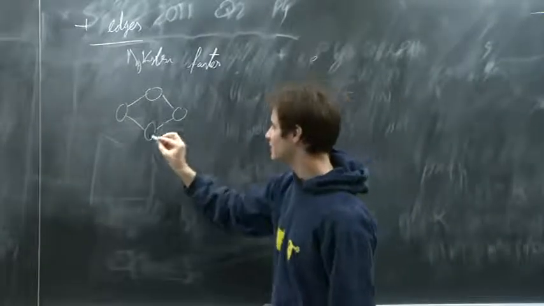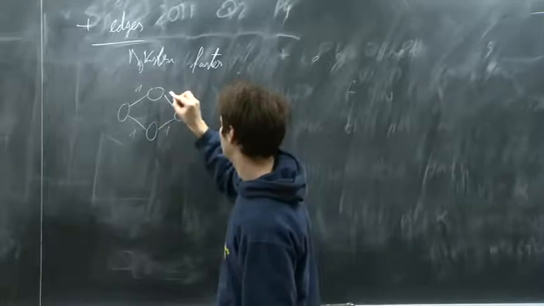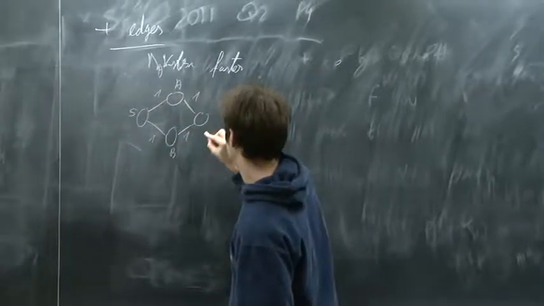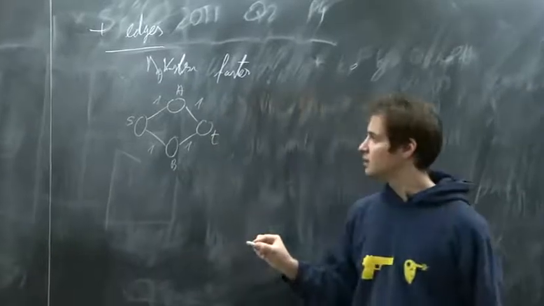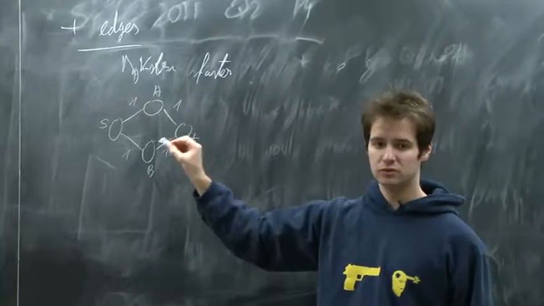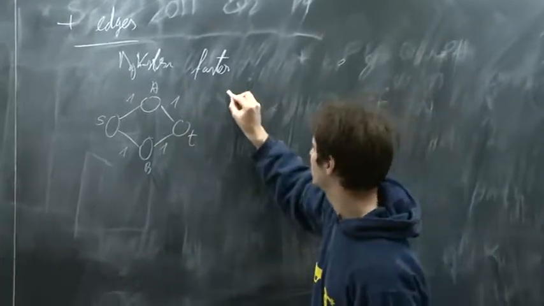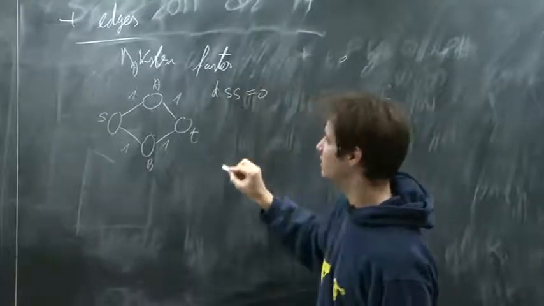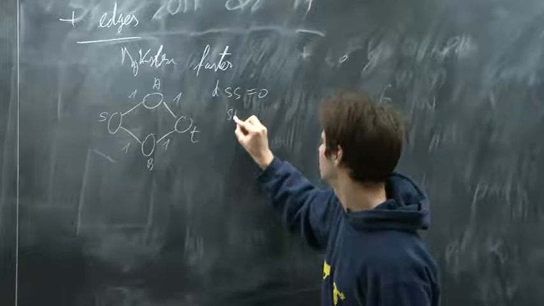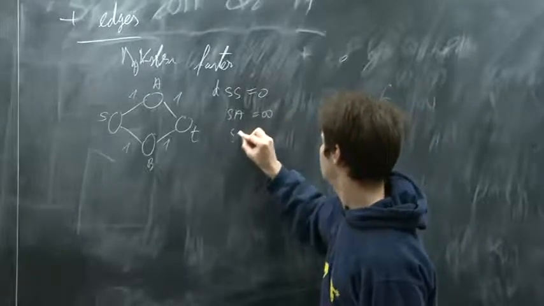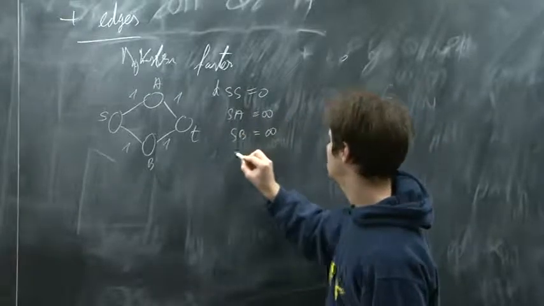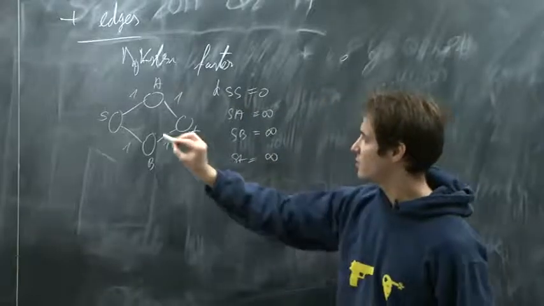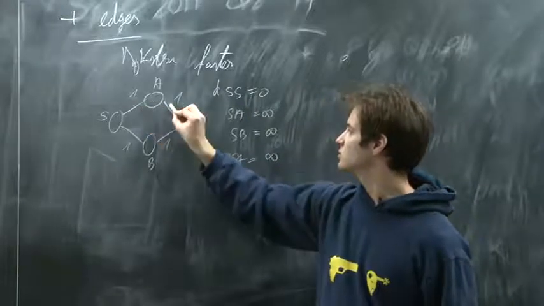So let's have one diamond, with edge weights 1, 1, 1, 1, and vertices S, A, B, T. Say we're looking for the shortest path from S. The distance from S to S is 0, and everything else starts out as infinity: SA, SB, ST. Suppose I relax edges in this order: 1, 2, 3, 4.